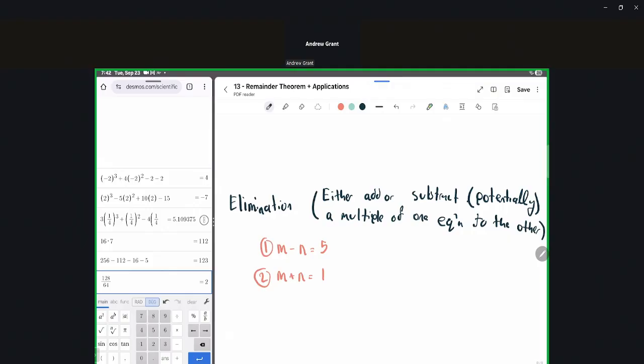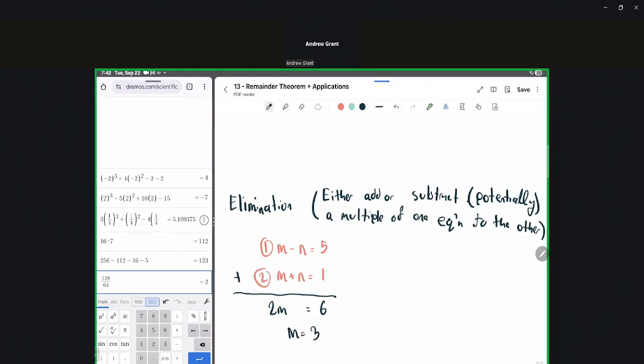Well, right now, if I were to add these two equations together, m plus m is 2m, negative n plus n is 0, 5 plus 1 is 6. So if I want to solve 2m is equal to 6, that means m had to be 3.